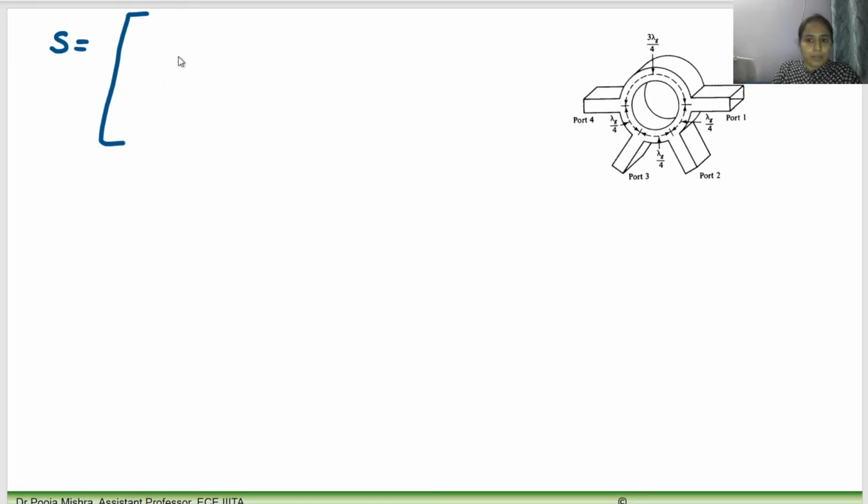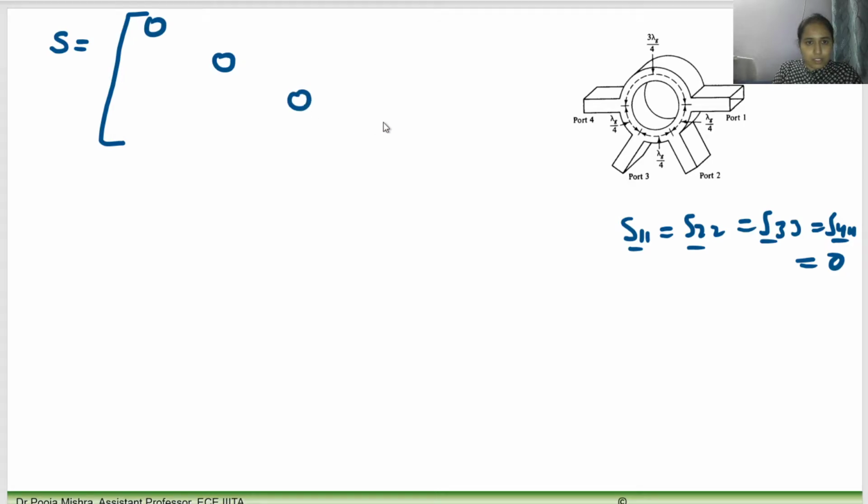So if they are matched, S11 is equal to S22 is equal to S33 is equal to S44 is equal to 0. Matching means there is no reflection from these particular ports. These are reflection coefficients. Okay, so S11, S22, S33, S44 will be 0.